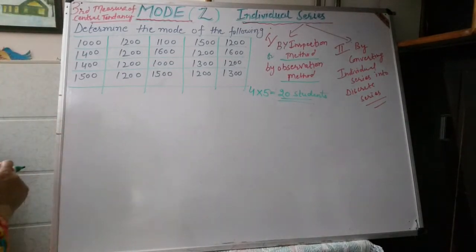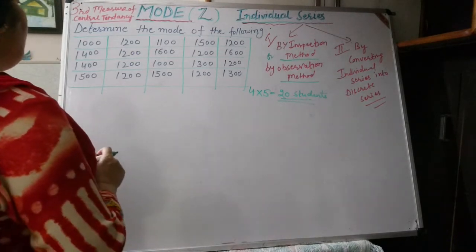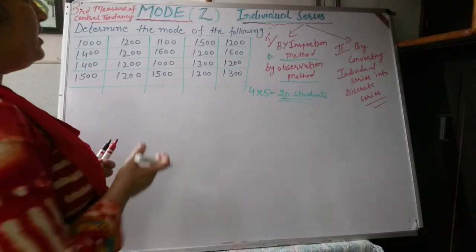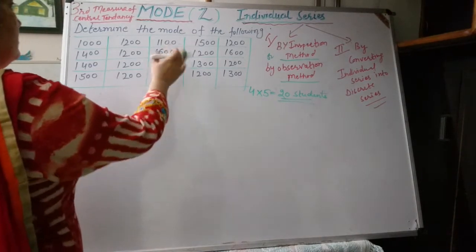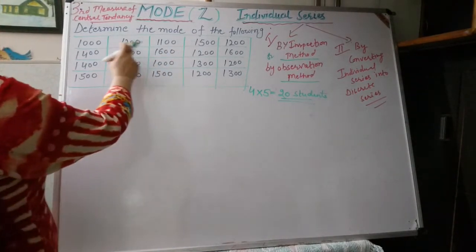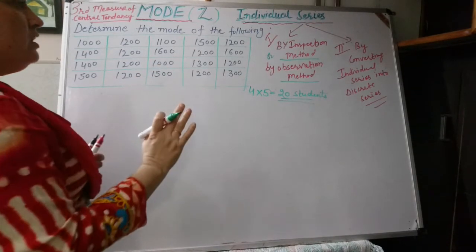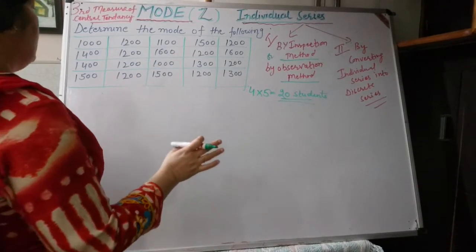By inspection method we see what is the value which occurs the maximum time in this given data. We haven't done any calculation.